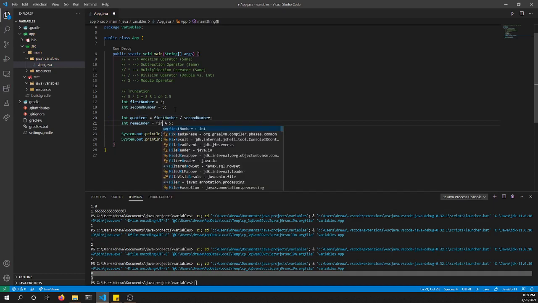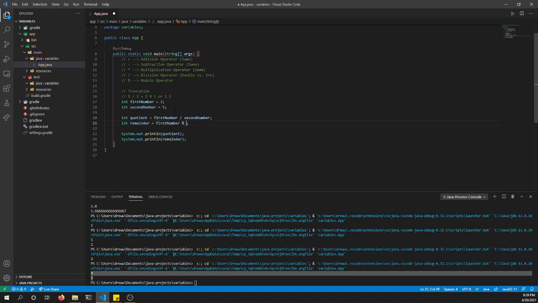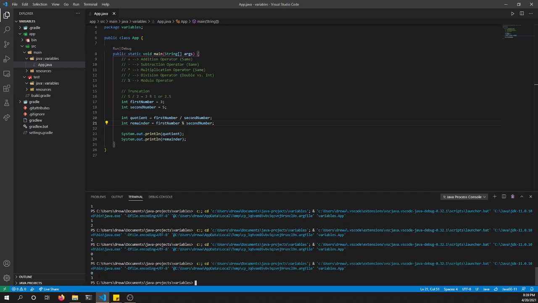And I can see that my remainder is my first number modulus my second number. And I can run that code and get 0 and 3 again. But now if I want to change it, all I have to do is change it up here. So 30 and 5, 30 divided by 5 is 6. 30 modulus 5, 5 goes into 30 6 times with no remainder, so my numbers should be 6 and 0.